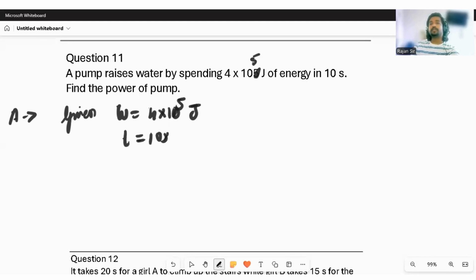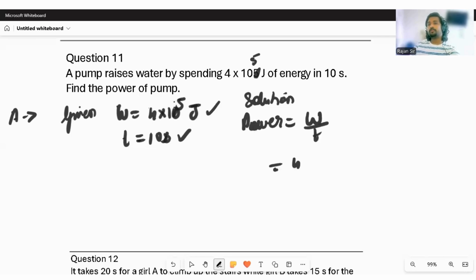Now this is in standard unit, so no problem. Solution. Power is equal to work done upon time. Let's put, we have 4 into 10 raised to 5 upon 10. So you can just cut 1 by 10, this becomes 4, or you can convert it. So the answer is 4 into 10 raised to 4 watt.